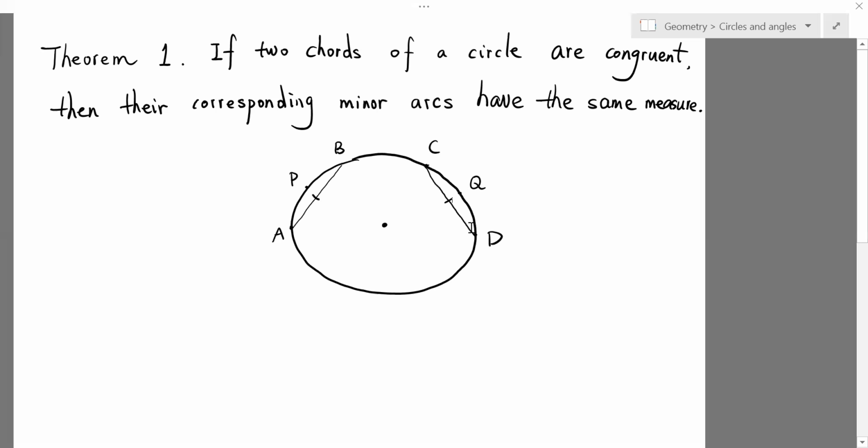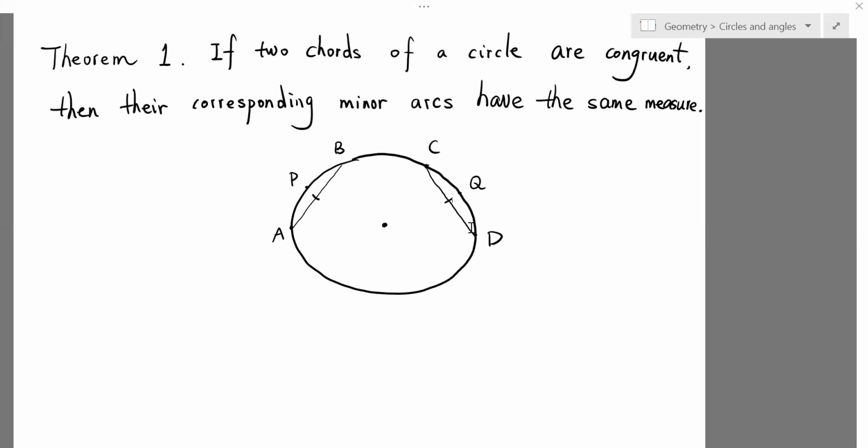Well, but let's try to think about what we are really trying to prove. Recall that by definition, the measure of the arc, and in this case for the minor arc, is simply given by the measure of the central angle.